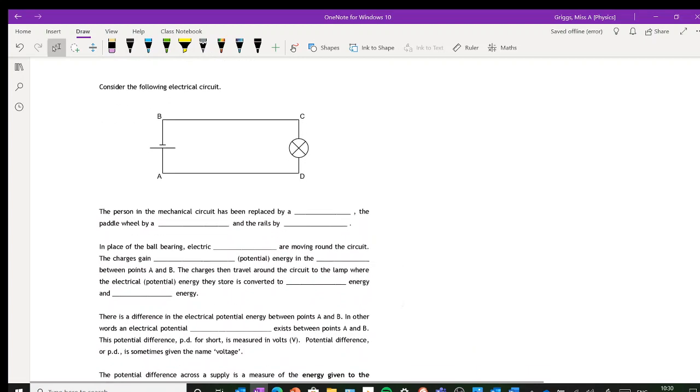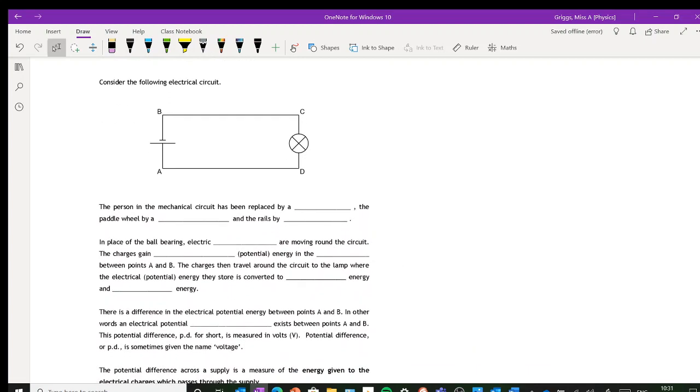So consider now this electric circuit, which is similar to the one above. The person in the mechanical circuit has been replaced by a cell, the paddle wheel by a lamp or a bulb, and the rails by wires. In place of the ball bearings, electric charges are moving around the circuit.